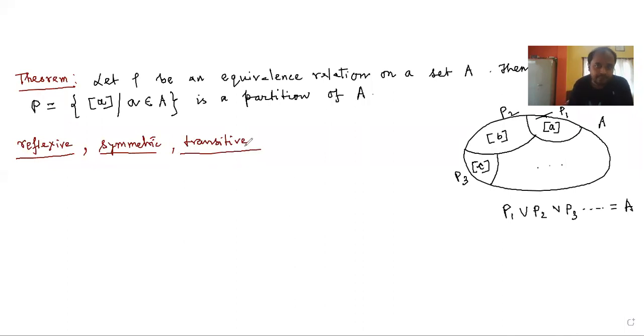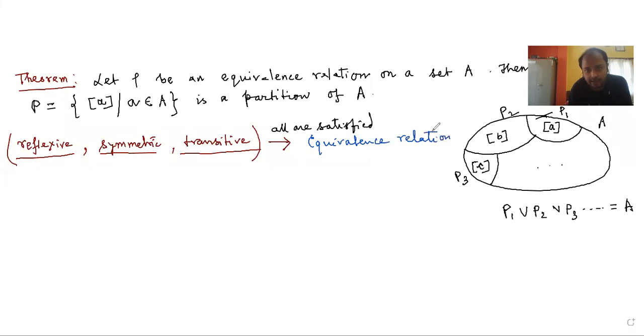I also told you that if all these properties are satisfied by a relation, then such a relation is called an equivalence relation.